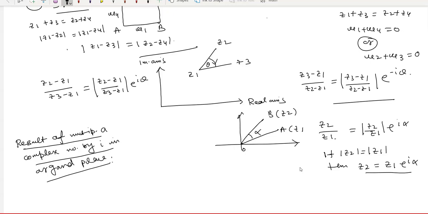Let Z be a complex number. Let Z be equal to R e to the power I theta. Okay. Now one can write I equal to cos pi by 2 plus I sin pi by 2. This we have seen before.